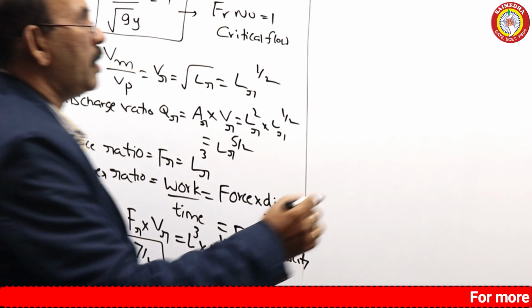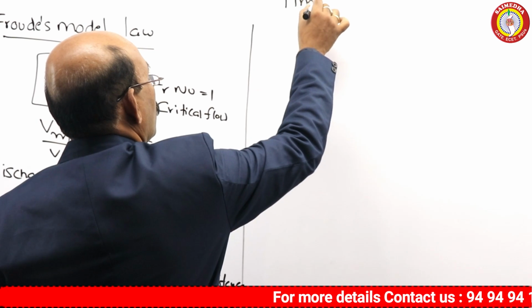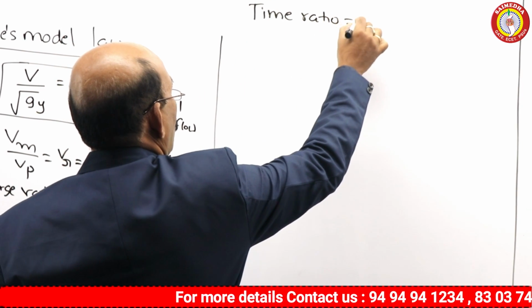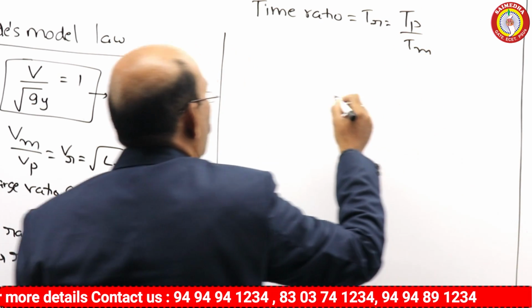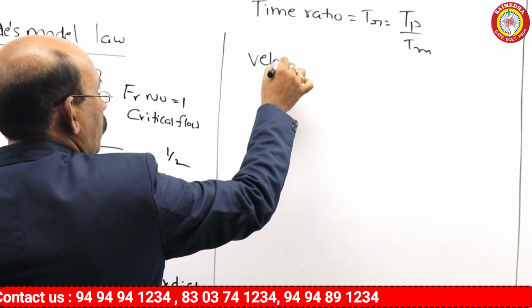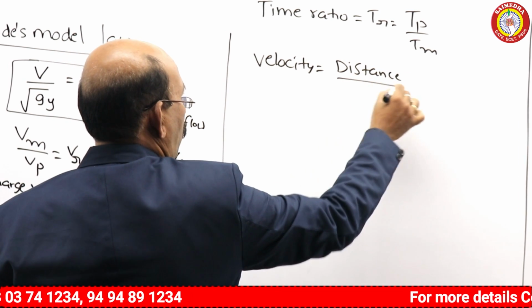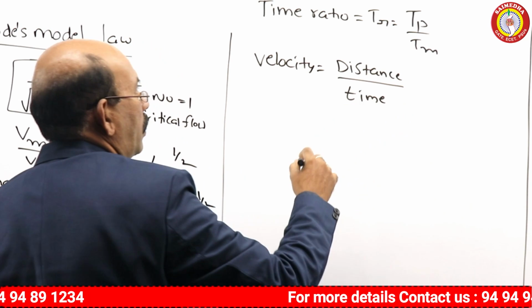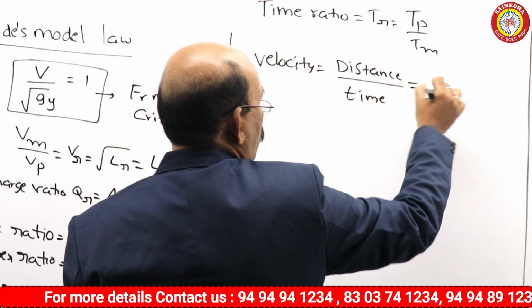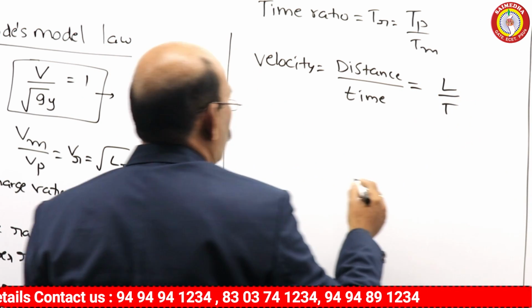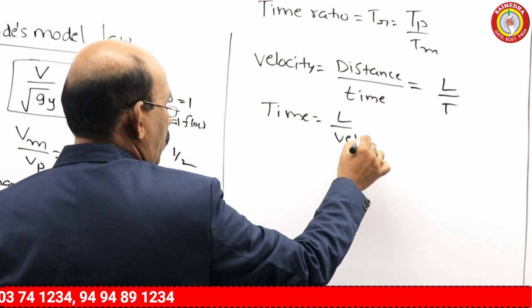Now let us see the time ratio, Tr is equal to Tp by Tm. As we know, velocity is equal to distance by time, so we can write velocity is equal to L divided by T. So the time is equal to L divided by velocity.